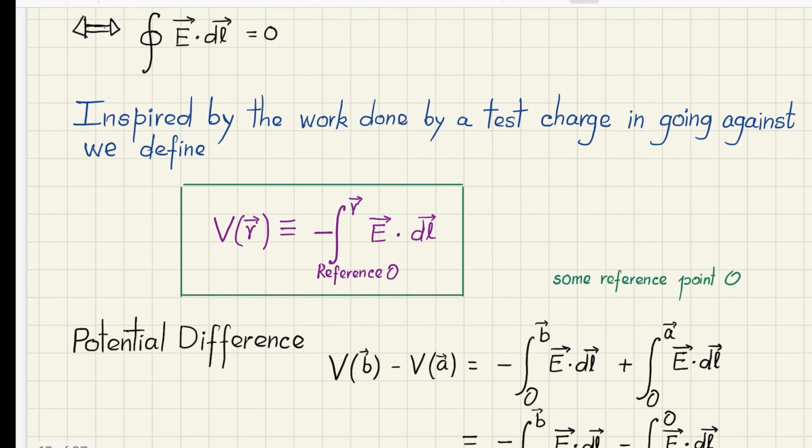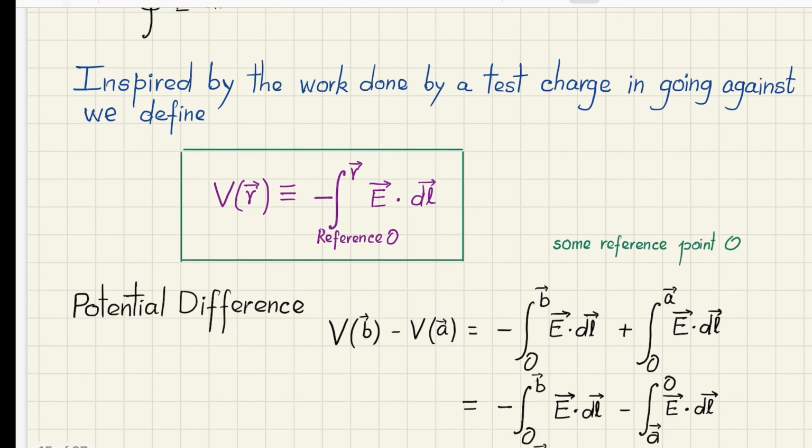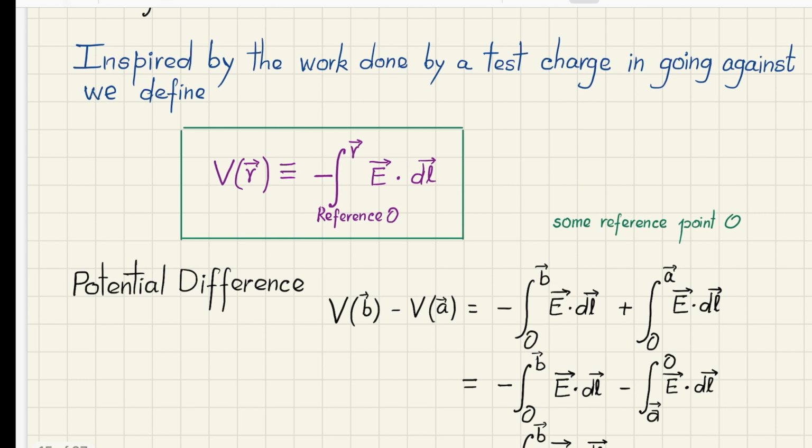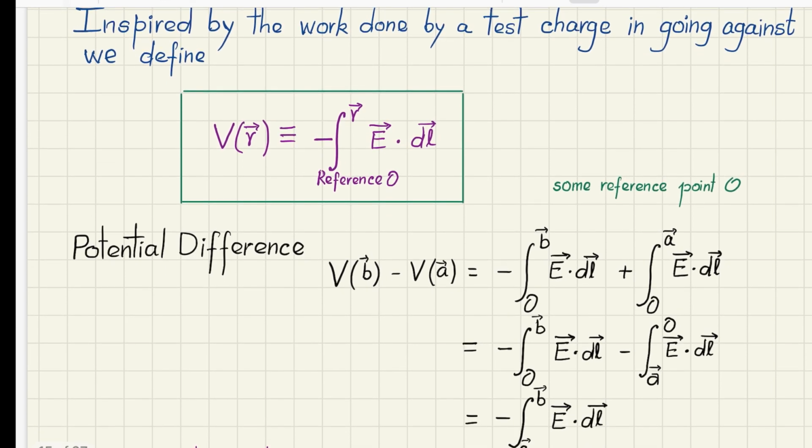And what is that? That is basically O to B and A to O, which means this is minus the integral from A to B of E dot dl, the path difference. It is simple. But we know this now. This is a line integral and is equal to the integral of E dot dl.